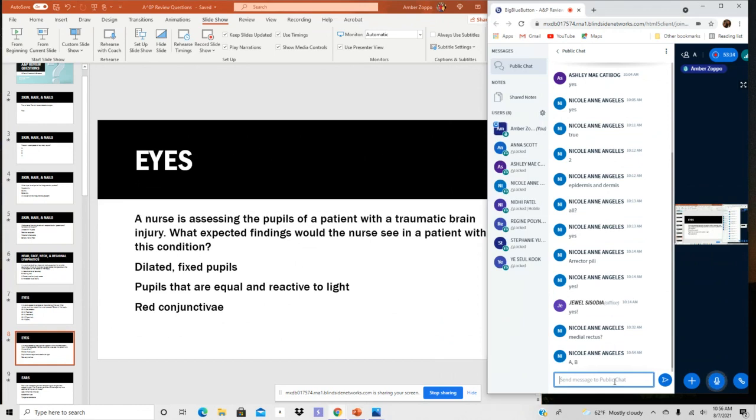Remember, they have a traumatic brain injury, so they have damage to the brain, which may be increasing their intraocular pressure and affecting their optic nerve. Dilated and fixed, right? When you shine the light into their eyes, you might find that their pupils are not constricting when exposed to the light because they have this brain injury. Good.